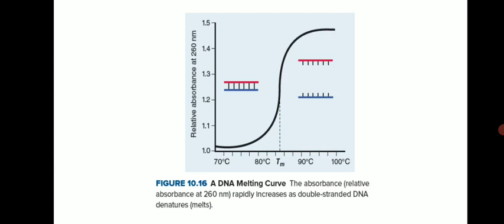So comparatively more energy is needed to break 3 hydrogen bonds as compared to the 2 present in an AT base pair. To generalize this concept, if the DNA contains a higher percentage of GC base pairs, the melting temperature will be higher as compared to DNA that contains a lower percentage of GC base pairs.